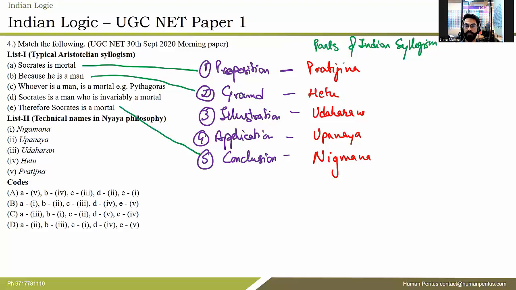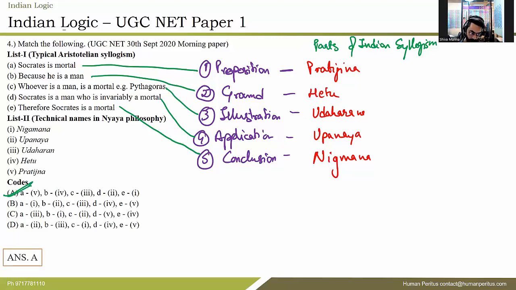Example, Pythagoras. They have given an example in it. So it becomes illustration. Socrates is a man who is invariably a mortal is an application or upanaya. So the correct answer becomes fifth, right?